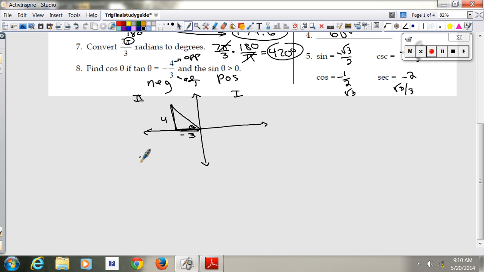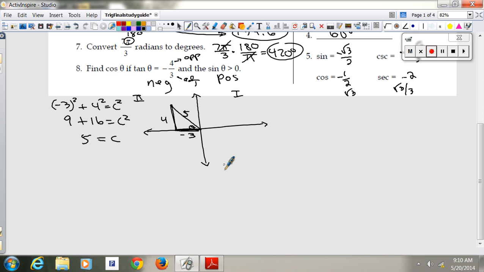A squared plus B squared equals C squared. You're going to do your Pythagorean theorem. So negative 3 squared plus 4 squared equals C squared. So you get your 9 plus your 16, and you're going to end up with C is 5. So there is your triangle.